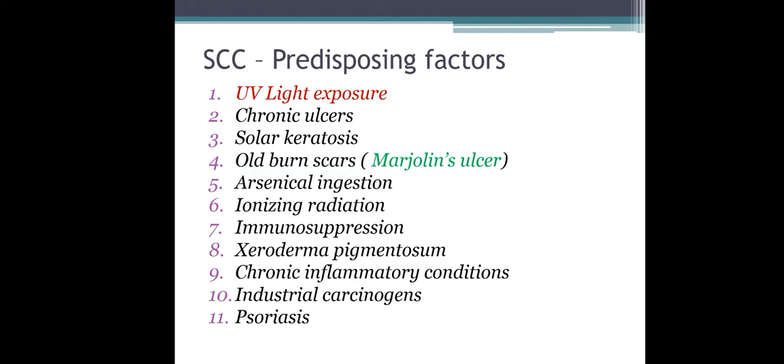Another hereditary condition is xeroderma pigmentosum. It is a type of DNA repair defect. If you remember, you have learned it in the neoplasia chapter. In this condition the patient is prone to get a greater number of skin malignancies. Other chronic inflammatory conditions, industrial carcinogens, psoriasis, all these are risk factors or predisposing factors for squamous cell carcinoma.